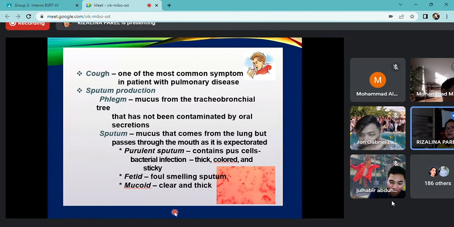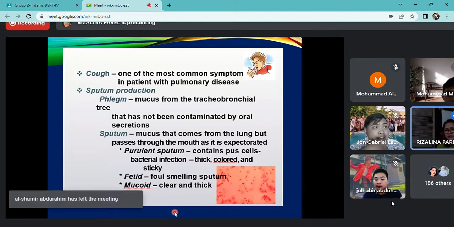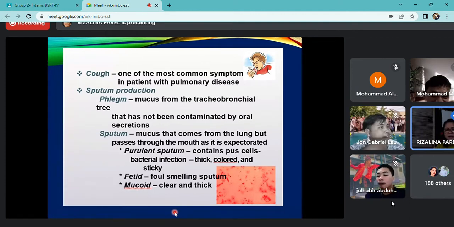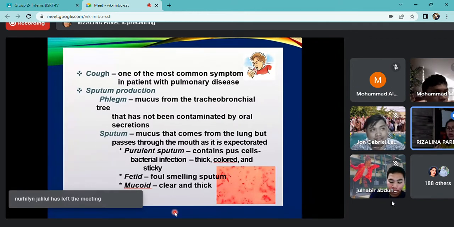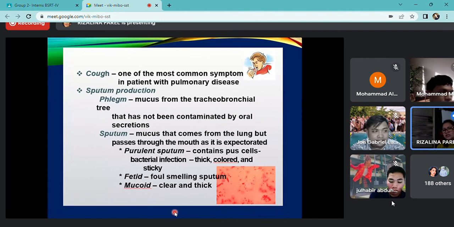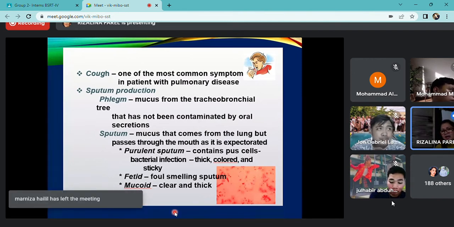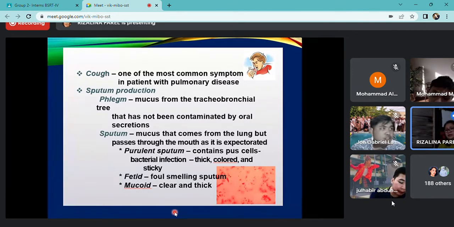From clear, nag-persist yung kanyang cough, nagkaroon ng light yellow, so still, nagpa-fight for infection yung ating katawan. Umaandar yung ating mga defense mechanism. Pero once itong ating plema naging dark yellow and medyo may buo-buo siya, may bukol-bukol pa siya, then there is a presence of infection na hindi na kaya ng ating katawan. Okay, ibig sabihin, kailangan na natin na inuman ng gamot.